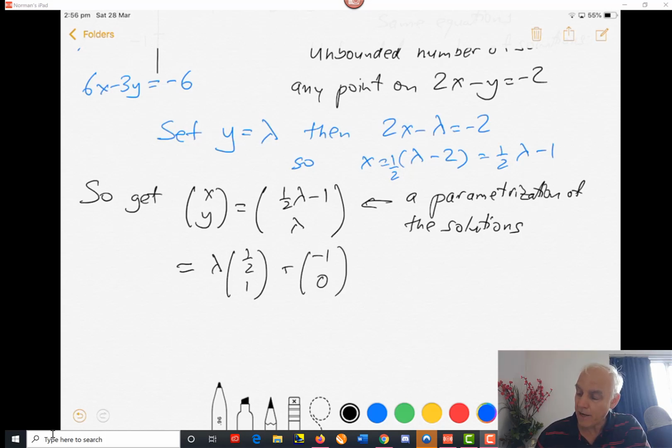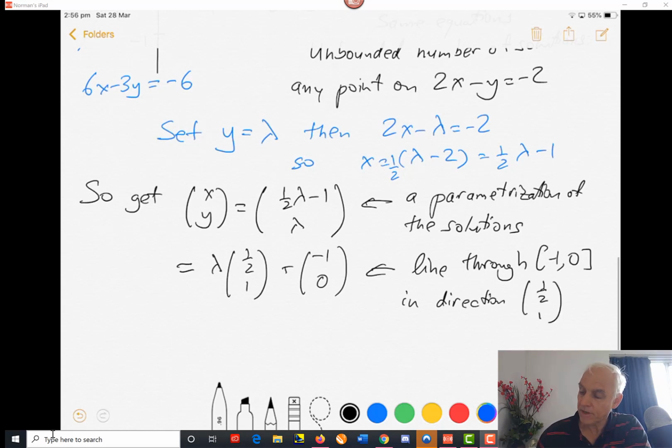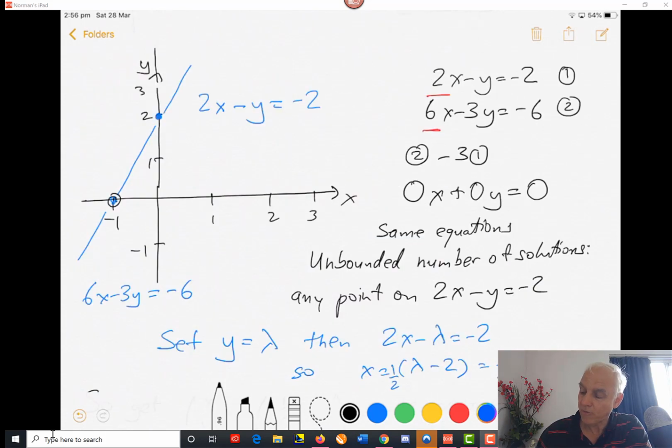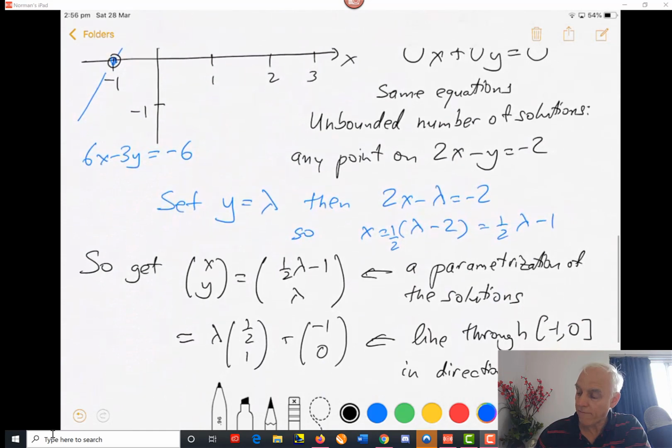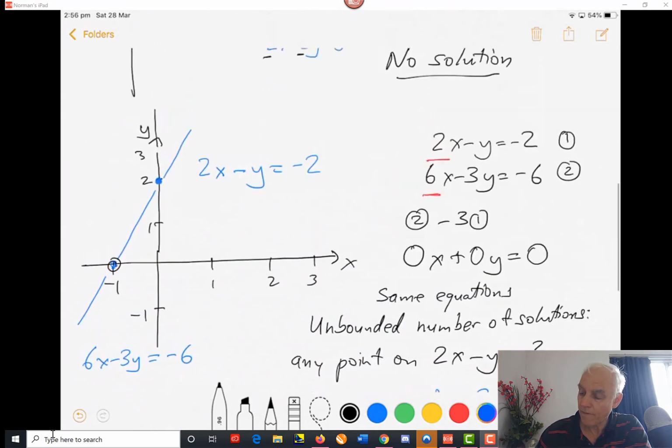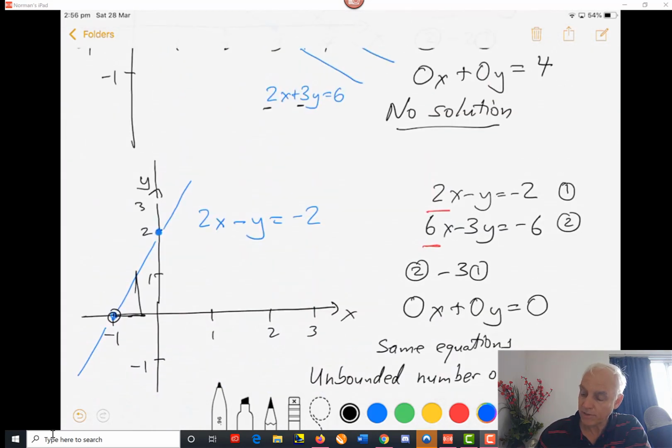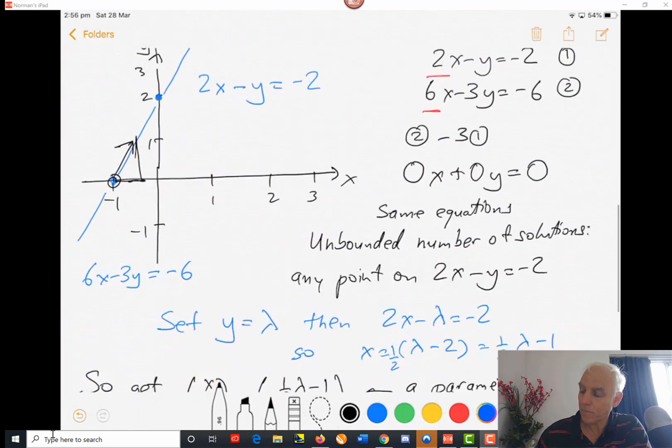That means it's a line through the point (minus 1, 0) in the direction (1/2, 1). Does that make sense? There's the point (minus 1, 0), and it has direction (1/2, 1): 1/2 over, 1 up. So there's a direction vector for the line.